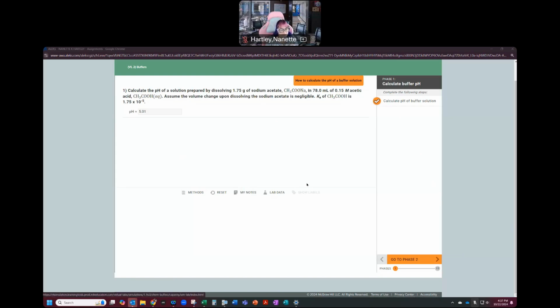So this first part, you're going to be calculating the pH of this solution using the Henderson-Hasselbalch equation. You're going to need to convert that mass of sodium acetate into moles and then divide by the volume of the solution to create a molarity.